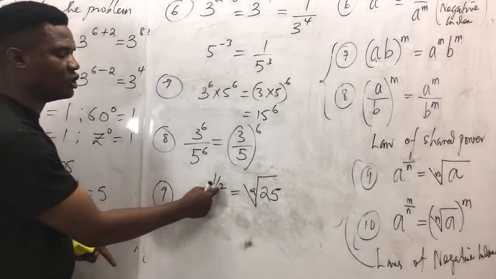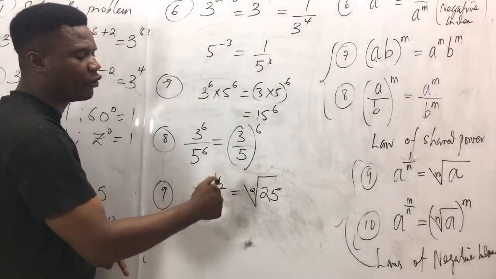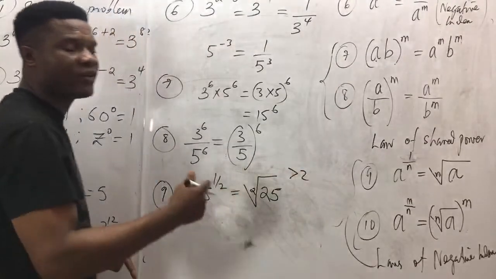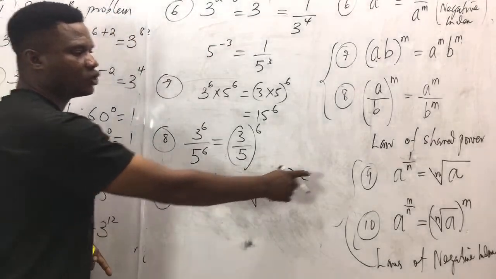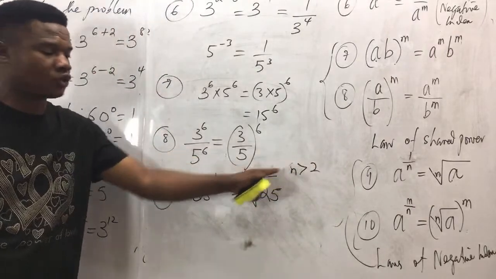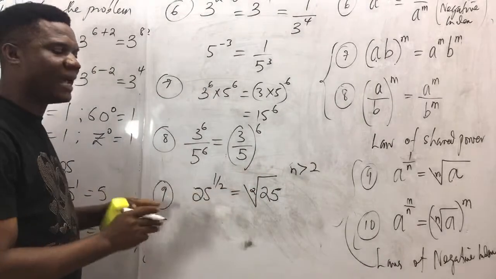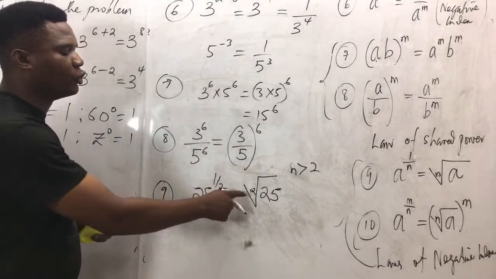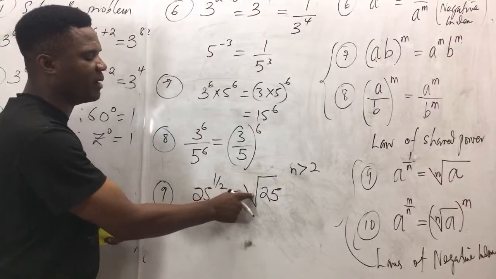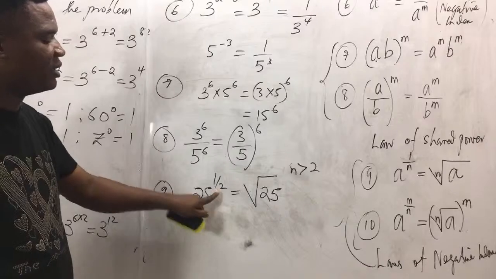When the denominator is 2, by convention, you don't write the 2. But for every number greater than 2, you can write it. So for values of n greater than 2, you can indicate it. Okay? But when n is 2, you do not put 2 here. So I'm going to remove my 2 by convention, and that means 25 raised to power half.